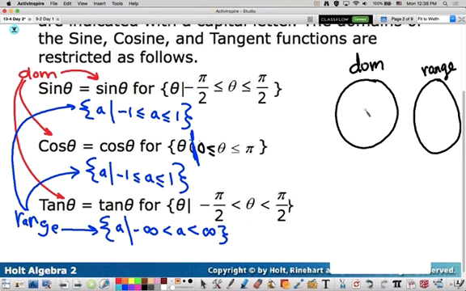Okay, so here's a quick visual to help you understand what the domain and range is going to be for the inverse functions. So if I want to go from the domain to the range, I have to hop on the ride sine. If I wanted to get back from the range to the domain, which ride would I have to take? Sine inverse.